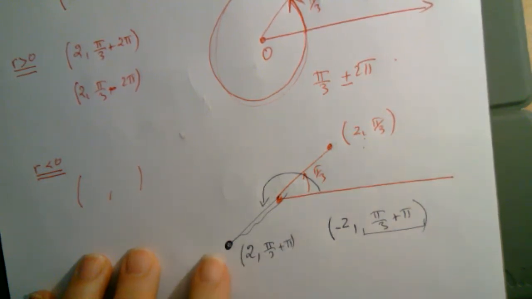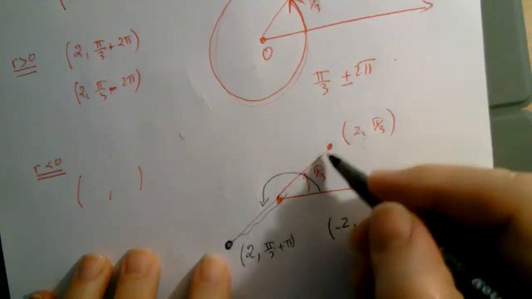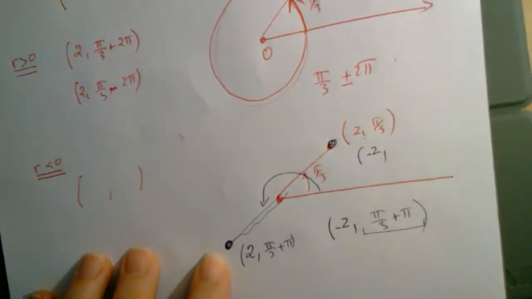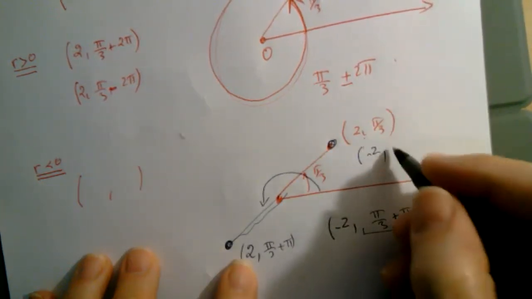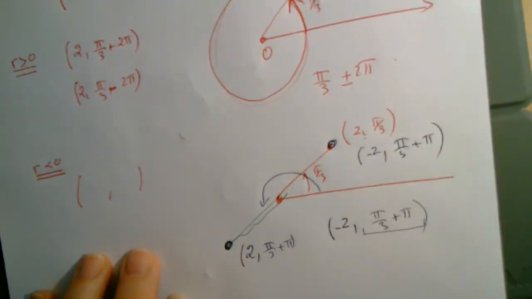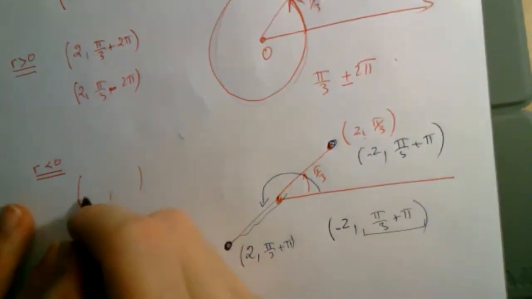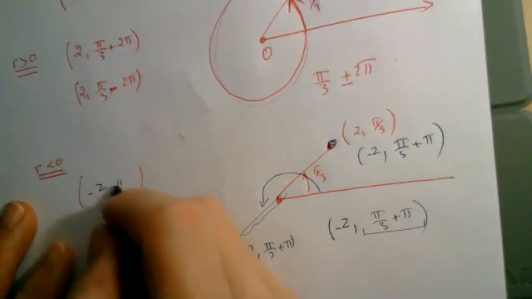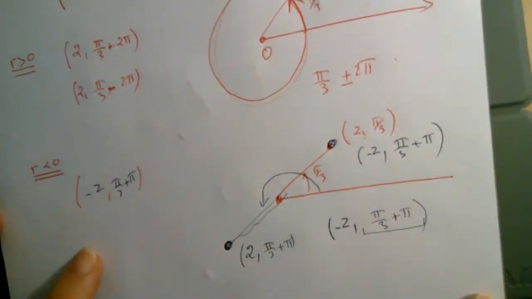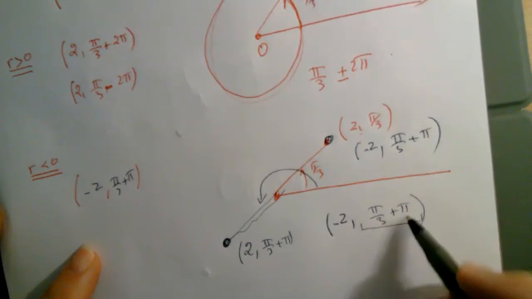It's this point right there. So the point opposite to it would be minus 2, with angle 2 pi over 3 plus pi. That's another representation. Absolutely correct.